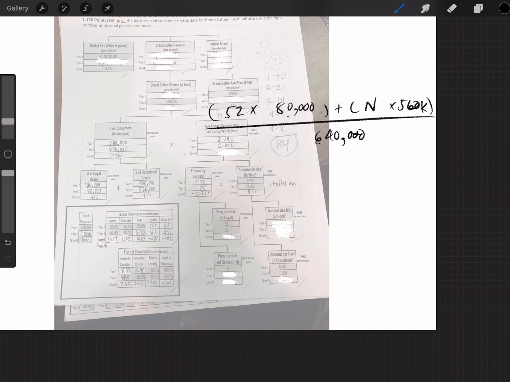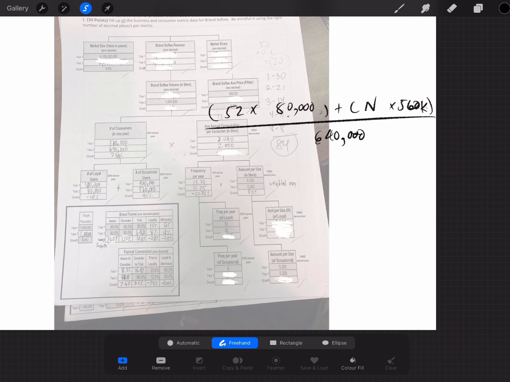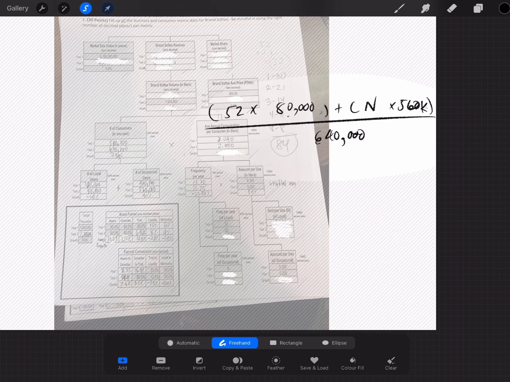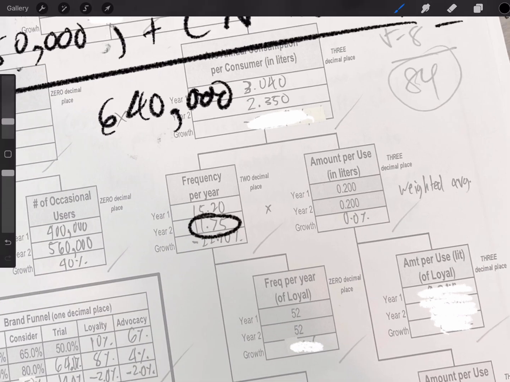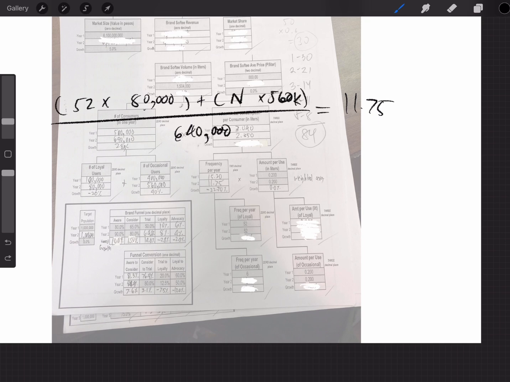So we're going to want to isolate variable n as much as we can. We do that by showing that all of this weighted average equation should equal 11.75, the value we just found. We're going to start by transposing the 640,000 to the right side, and then simplify this as well. I believe that's around 4 million. Hold on, let me get my calculator really quickly.